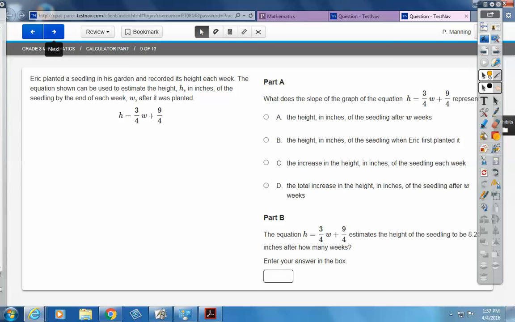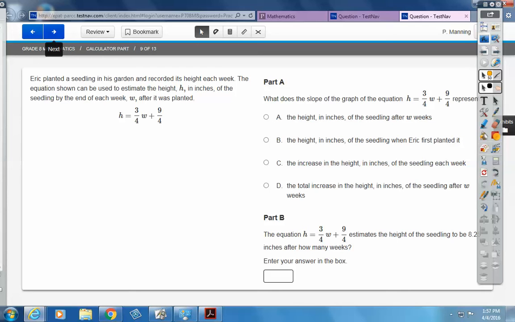Two parts. Eric planted a seedling in his garden and recorded its height each week. The equations shown can be used to estimate the height, h, in inches of the seedling by the end of each week, w, after it was planted.